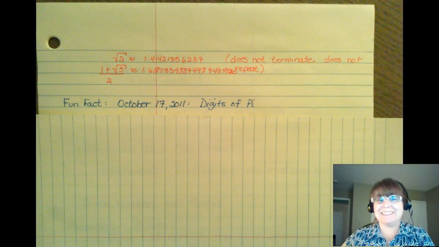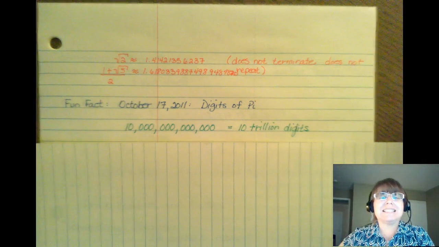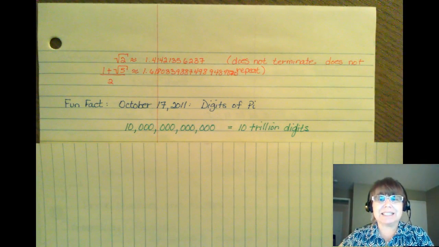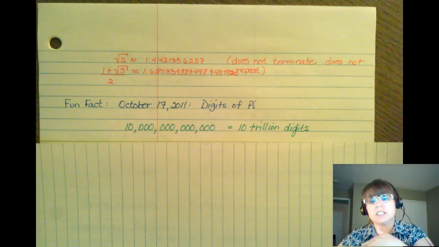No, it's not 10. It is so far 10 trillion digits, and they are still calculating digits. But on October 17th, 2011, computers have calculated the digits of pi out to 3.1415 with 10 trillion digits after that.